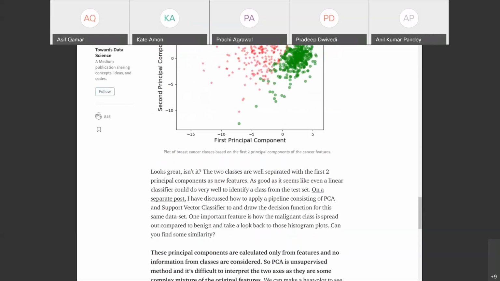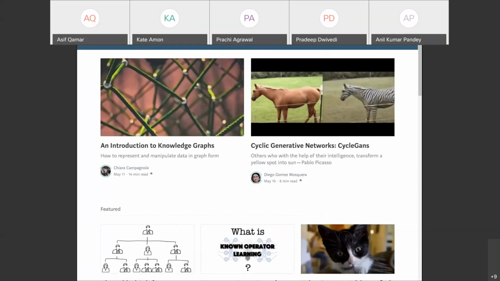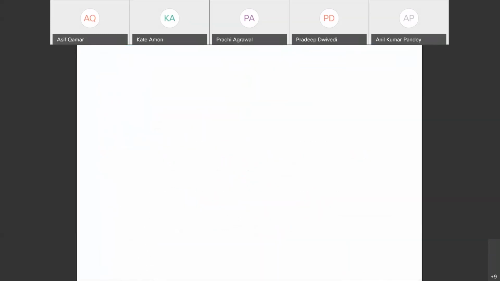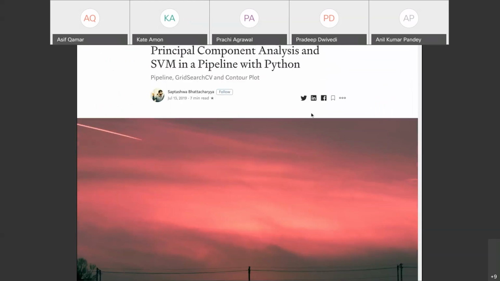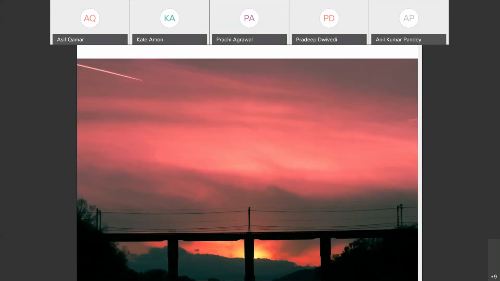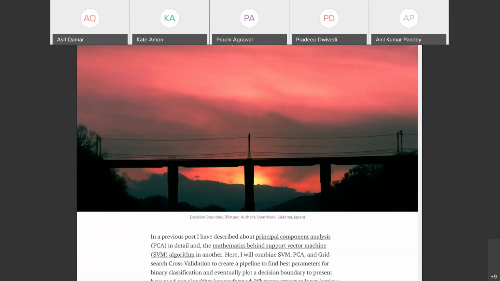That is a separate post the same author has written. Let me go to that. Yeah, and it has beautiful visualizations. Sorry, I apologize, I think we are jumping around somewhere. You notice this pattern in the Towards Data Science articles.